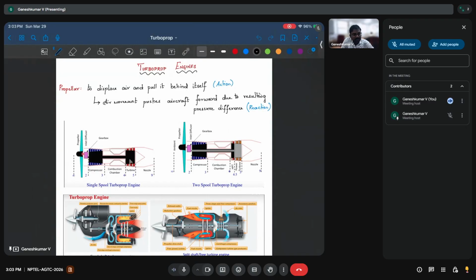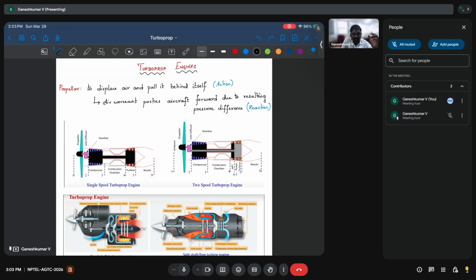Whatever energy is extracted at the turbine, first some part of the work is provided to the compressor, and the remaining part is used to drive the propeller. The propeller diameter is very large, and you do not have a duct. If you had a duct over here, it would become a turbofan engine in a way, right? So we do not have a duct.